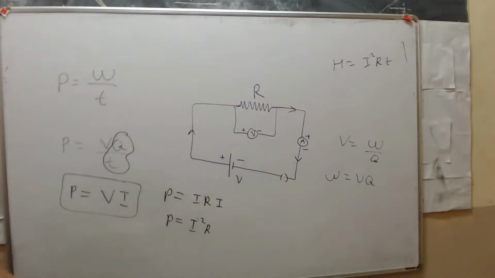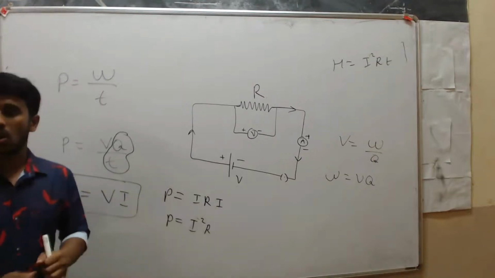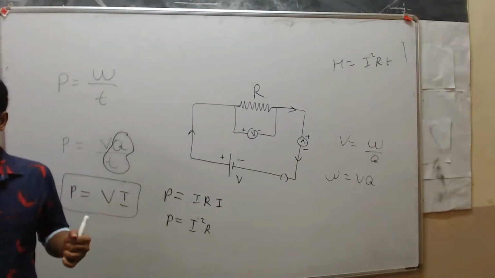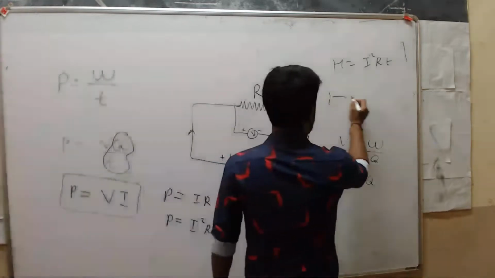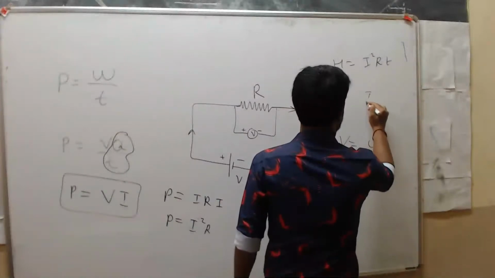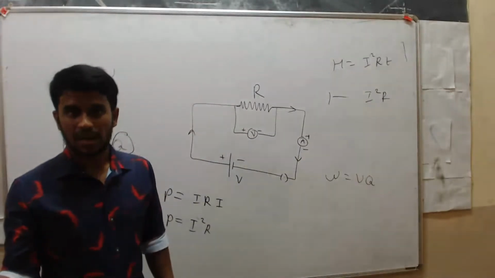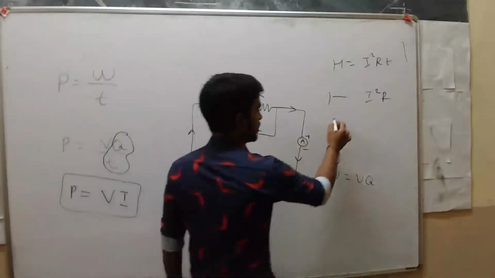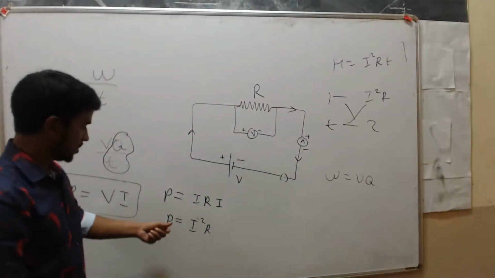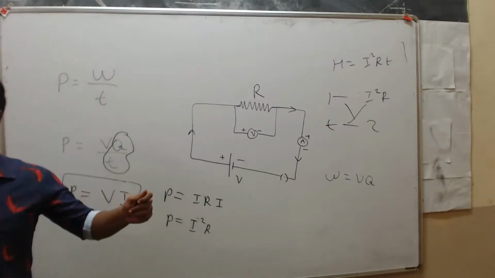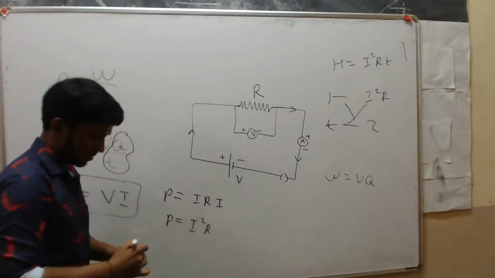So here you are getting power P equal to I square into R. Just imagine you are using it for 1 second. For 1 second, you will get the power as I square into R. So what about 10 seconds, or 20 seconds? I don't know, so I will take the time as T. Then it is T into I square into R, right? If you use it for a long time T, then you have to multiply.